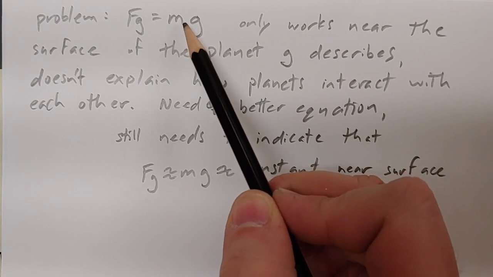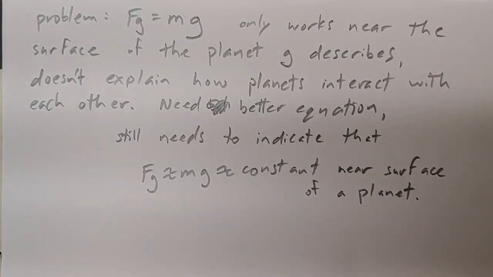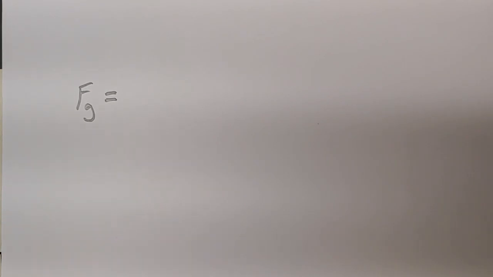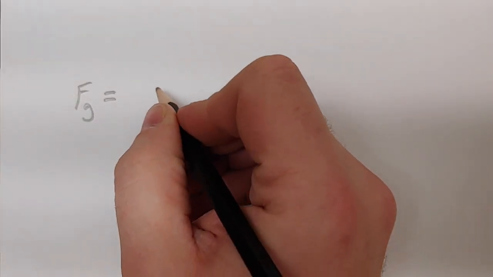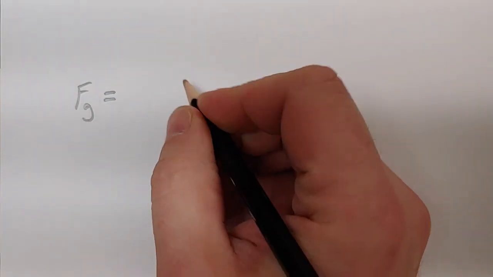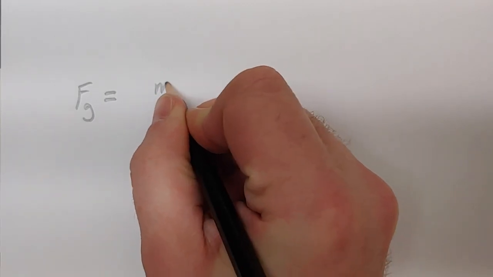So if you triple the mass of the object, it's going to triple the force of gravity. Any equation for the force of gravity is going to have to still have that be true. So it's going to have to be directly proportional to the mass, and I'm going to leave some space here. But the mass of the object sitting on top of the planet should be in our equation.